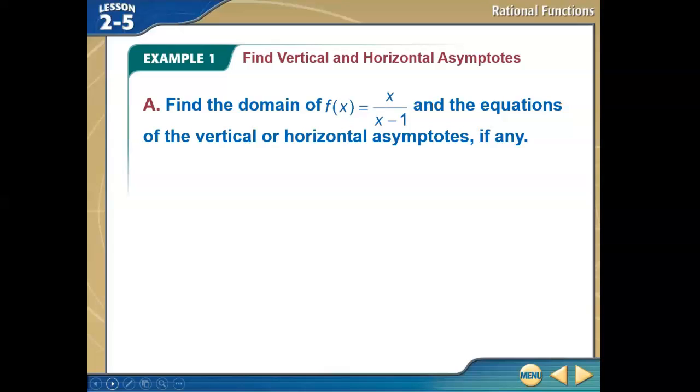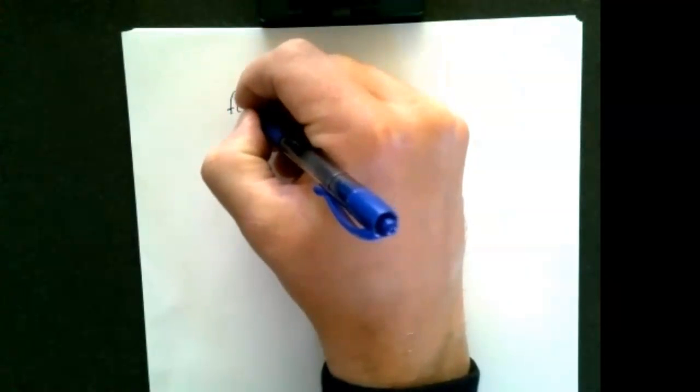Okay. So using our rules, we know that there's going to be a vertical asymptote whenever our denominator function is equal to 0. So we want to think of a value that when we plug it in for x, is going to cause that to be a 0.